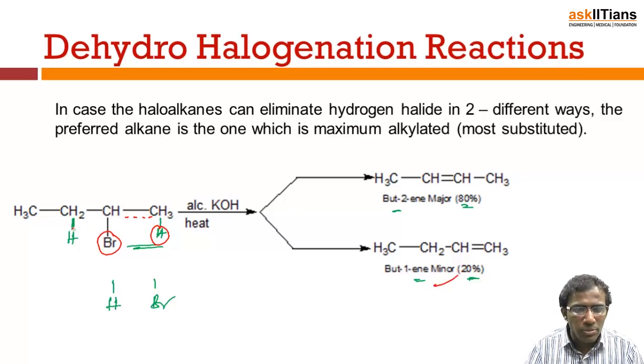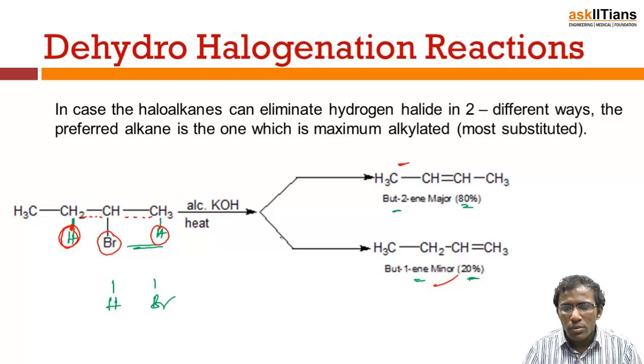But if this hydrogen on the other carbon goes out along with the bromine, you will get the alkene here, which is this one. This is the terminal one, it is not substituted. But this alkene is more substituted. That's why this is the major product and the other is the minor product, because it is more stable and is formed in the greater amount.